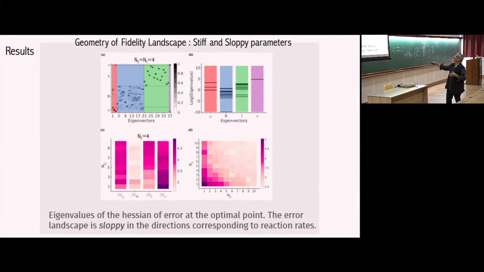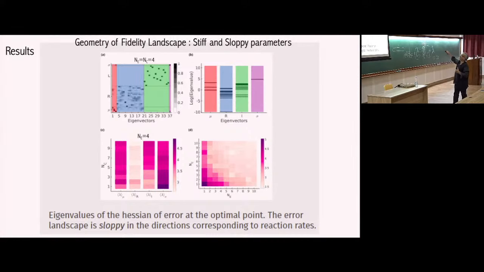R is the chemical reaction rates. L here is the shape variables that dictate the enzyme. And finally, sigma, the last eigenvector, 37, has a very large eigenvalue, and that corresponds to specificity.